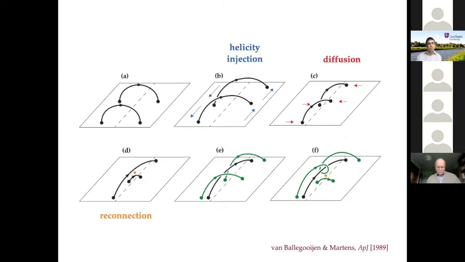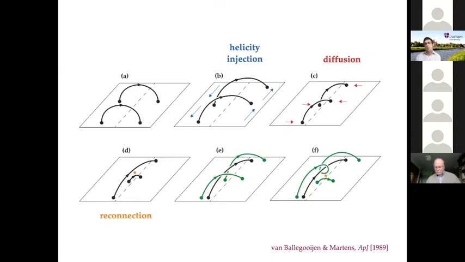What they suggested was that it's caused by a combination of shearing motions on the photosphere and supergranular diffusion. You can see how the shearing motions inject helicity, just like in our cartoon before.